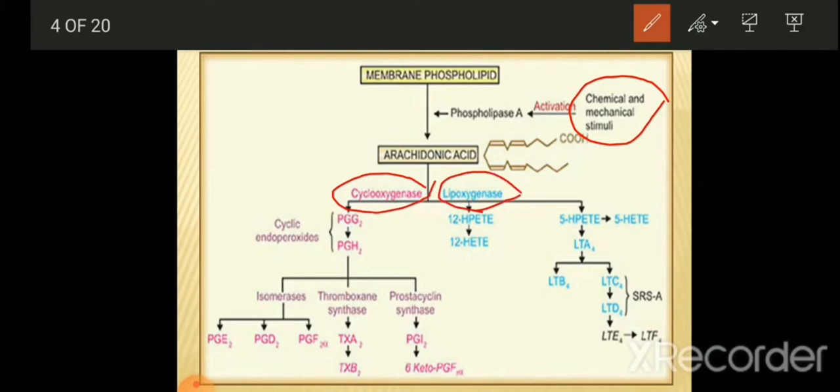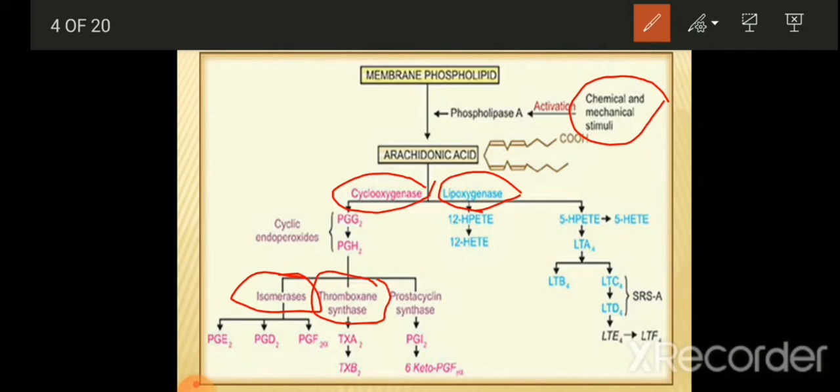So the cyclooxygenase enzyme is responsible for the synthesis of cyclic endoperoxides, and they are PGG2 and PGH2. Then here you can see that the presence of isomerase enzyme is required for the synthesis of PGE2, PGD2 and PGF2 alpha. These are actually the primary prostaglandins.